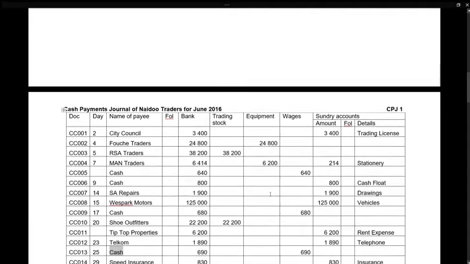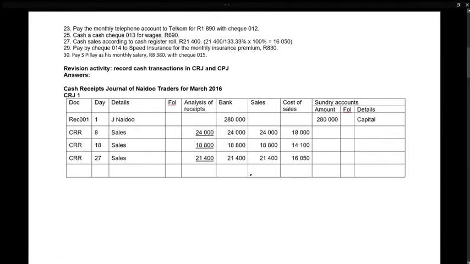That's why for salaries we had the employee's name, and whenever you had wages you did not have the employee's name. Okay, let's quickly total our cash receipts journal columns. If you total the bank column, you should get an amount of 344,200 rand. If you total the sales column, you should get 64,200 rand. If you total cost of sales, you should get 48,150.